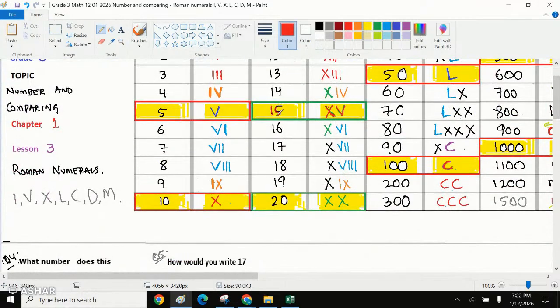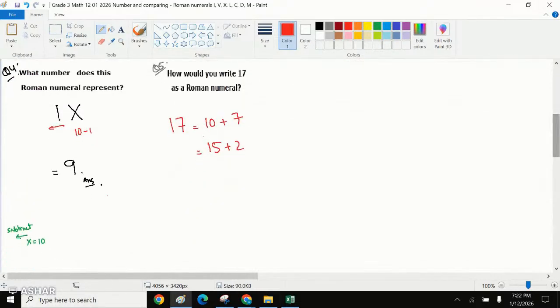So 15 can be written XV, and 2 would mean II. Thank you, May. Yes, that is perfectly correct. That means this equals 17, and that is our answer.